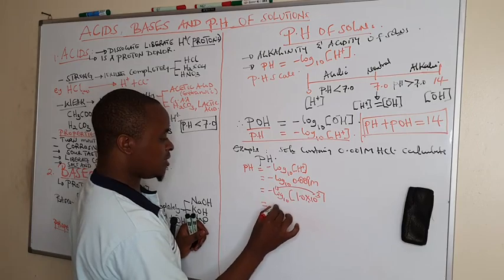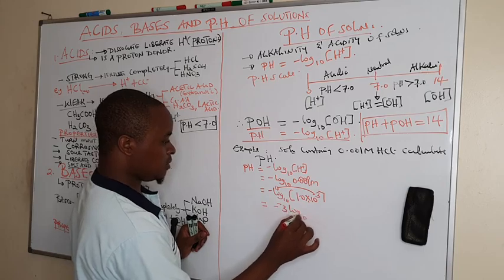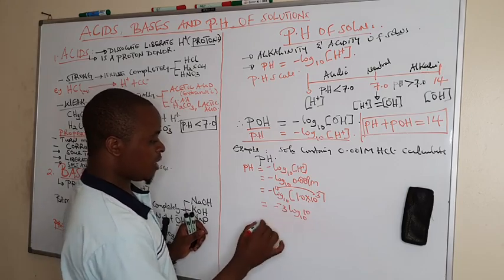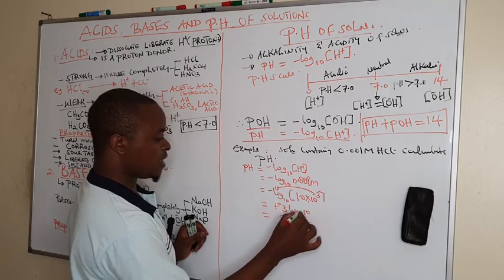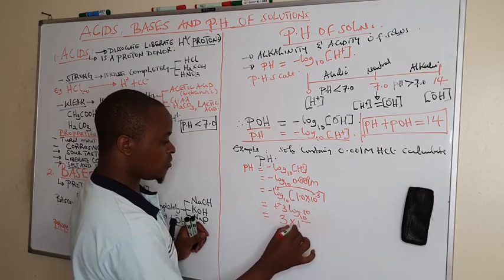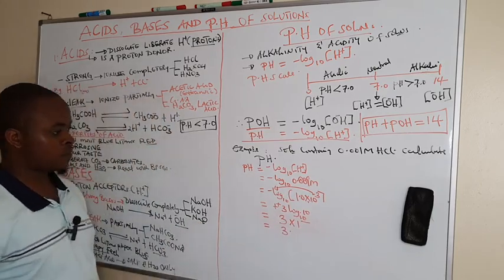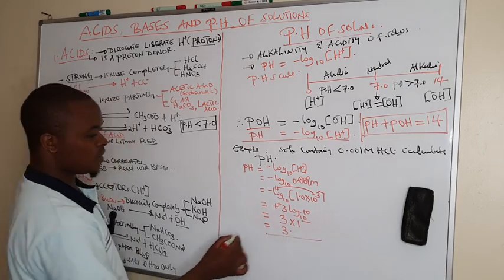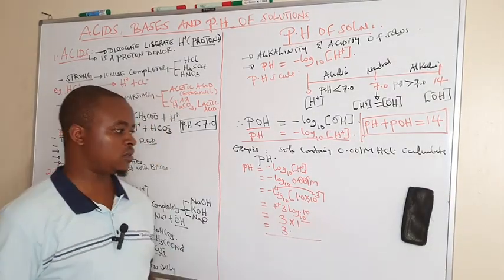It becomes negative 3 log 10 of 10, and I will end up having pH equal to 3, because log 10 of 10 is 1, and 3 times 1 gives me 3. So this is how we can calculate pH.